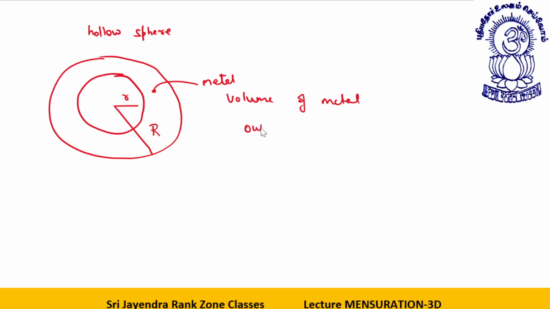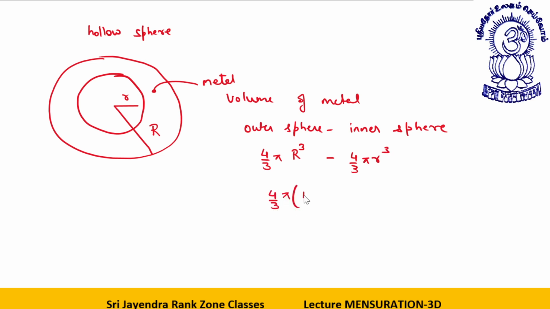Volume of metal will be outer sphere minus inner sphere. Outer sphere will be 4 by 3 pi R cube. Inner sphere will be 4 by 3 pi r cube. Finally, you get R cube minus r cube.